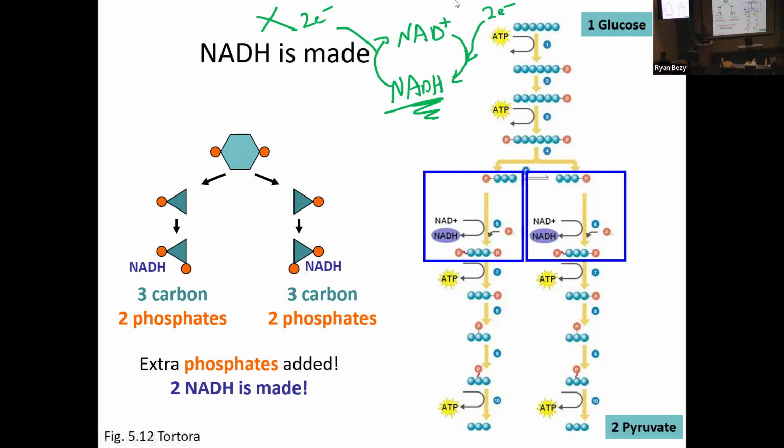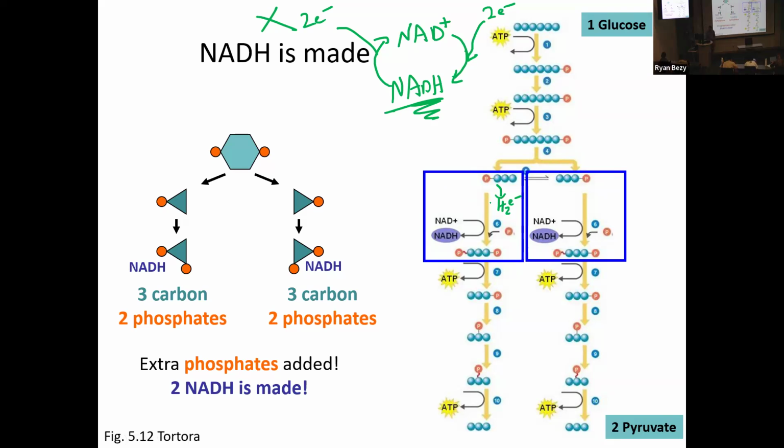What happens in this case is, where do those electrons come from? In this particular chemical reaction, you're stripping a hydrogen carrying 2 electrons off of what had originally been glucose, but is now glyceraldehyde.